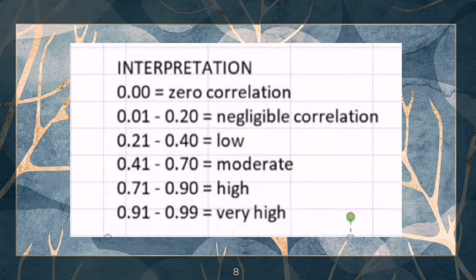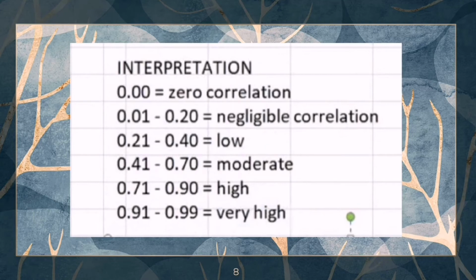Yung mga numbers na nandyan, sila yung maaaring nakapasok yung na-compute natin kanina sa Pearson r, which is yung may formula and table. Yung mga equivalent naman nila, doon natin malalaman kung naging reliable ba yung test na binigay natin.